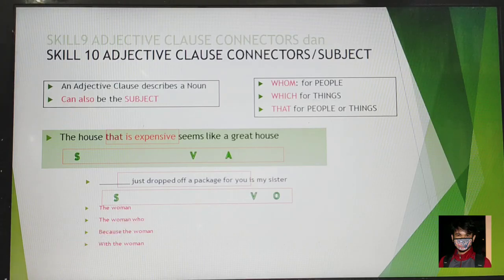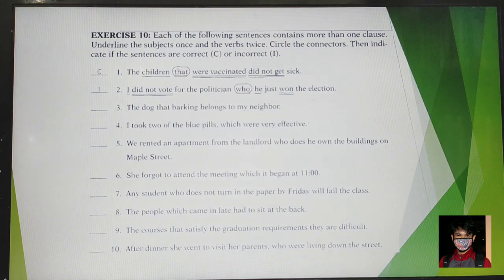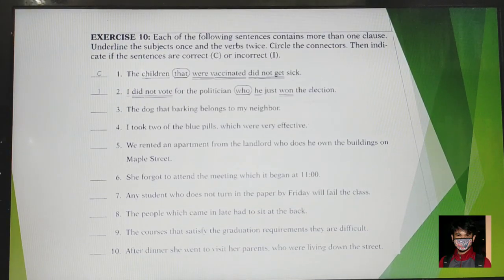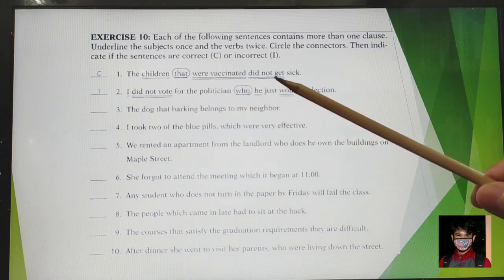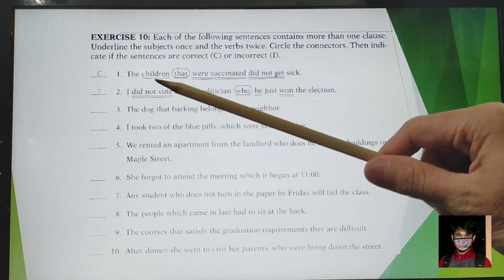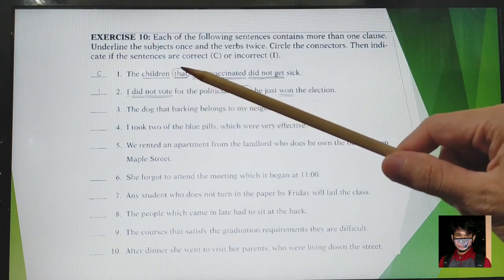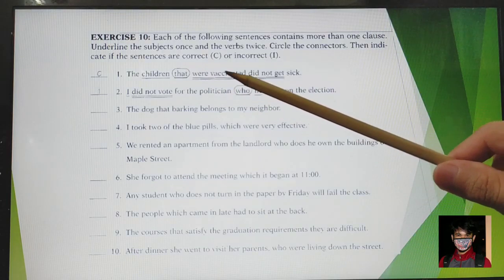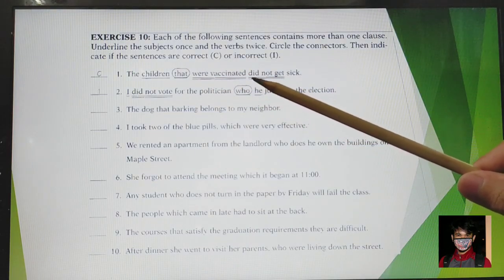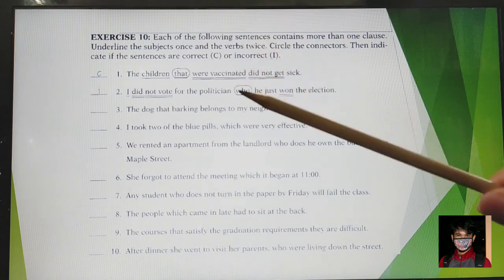Okay, next we go to the following slide about exercise 10. You have to identify which one is correct or incorrect. For number 1, we have: the children that were vaccinated did not get sick. This sentence is correct, and you have to identify which one is the subject here. This is the subject, followed by the adjective clause connector. We also have two verbs, but the point is which one is the main verb and which one is the dependent verb.